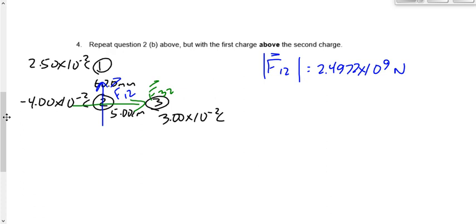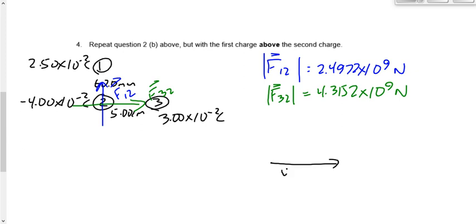And F32, the value of that one is 4.3152 times 10 to the 9 newtons. Then we combine them. We say this is 4.3152 times 10 to the 9. This one is 2.4972 times 10 to the 9.